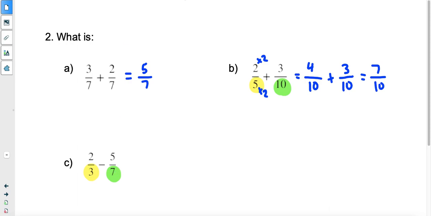Well, say I multiplied this one here by 7, and I multiplied this one here by 3. Then 3 times 7 gives me 21, and also 7 times 3 gives me 21. And so now both of them would have a denominator of 21.